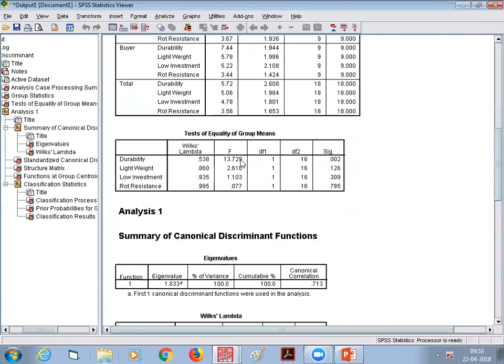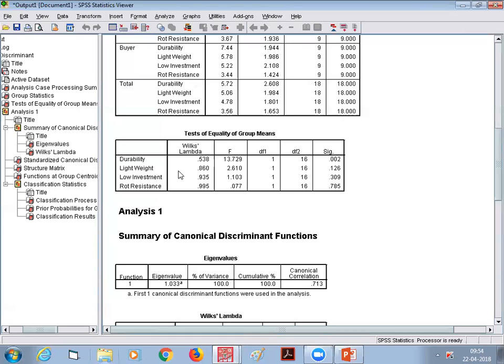Now, if you want to test for equality of group means, that means the usual F test or t-test we are doing: whether the average values of the 2 groups are the same or not the same. With respect to durability and lightweight, between durability and low investment, the usual t-test we are doing, whether there is a significant difference with respect to the average score of durability and rot resistance.